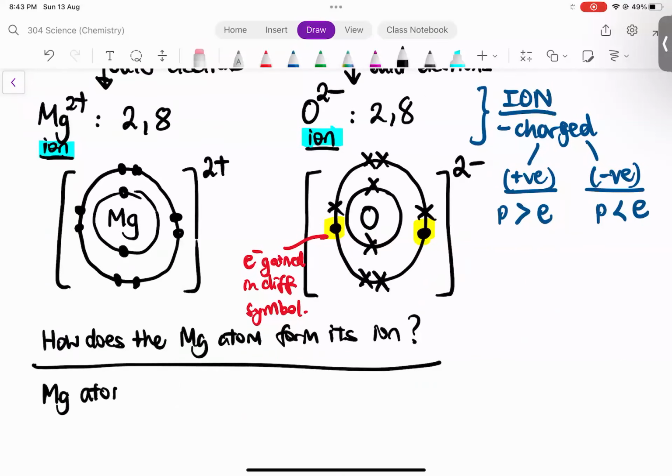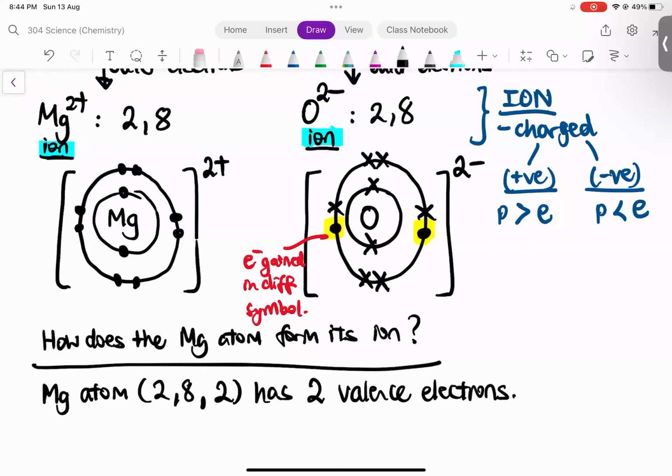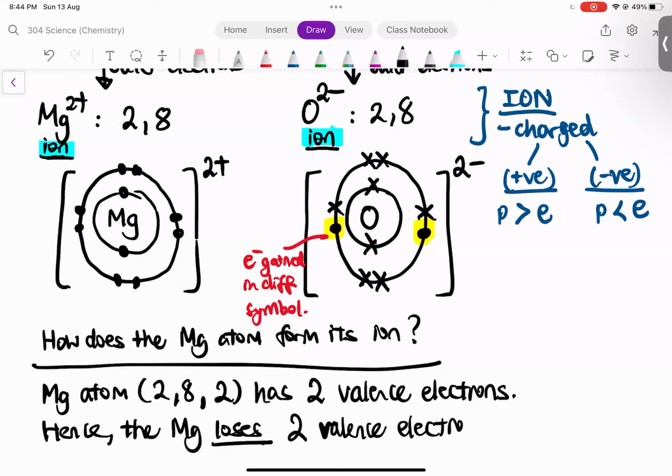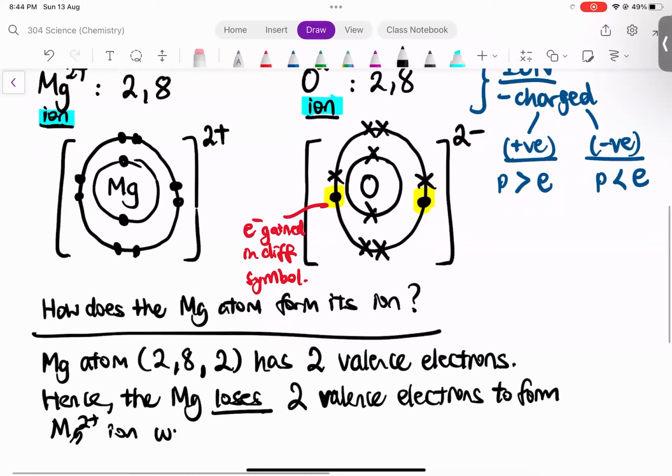Now, the magnesium atom, which is 2, 8, 2, has 2 valence electrons. Hence, the magnesium atom loses 2 valence electrons to form the Mg2+ ion with a fully filled outer electron shell.